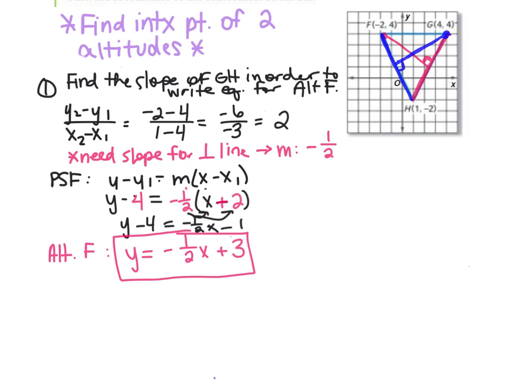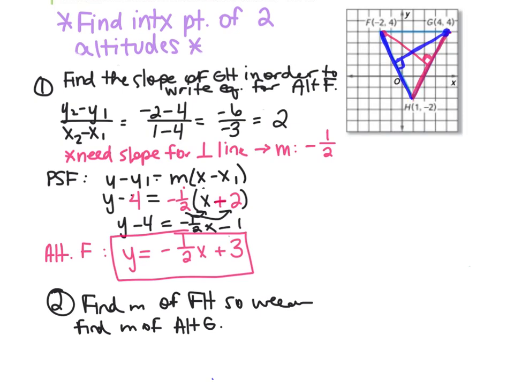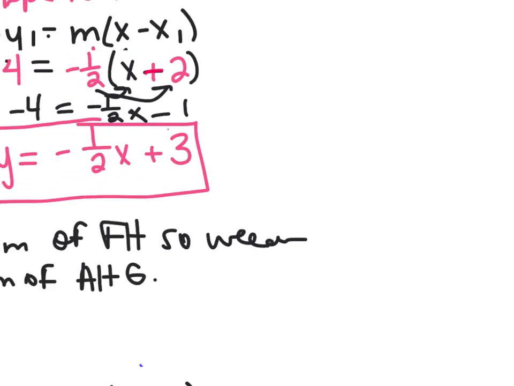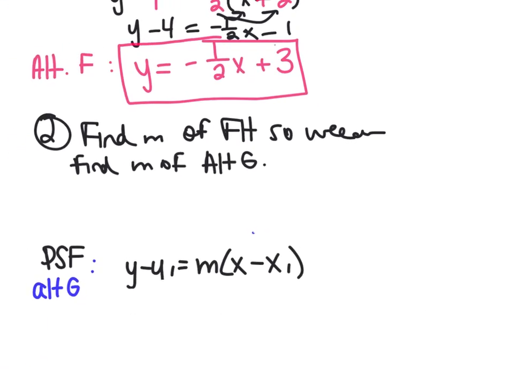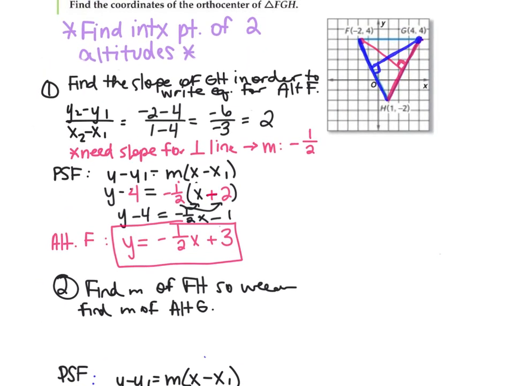So in order to do that, we're going to find the slope, we're going to shorthand this a little bit, of FH, so we can find the slope of altitude G. Okay. Oh boy. Oops. Okay. So the slope of FH, again, we need to use our slope formula.